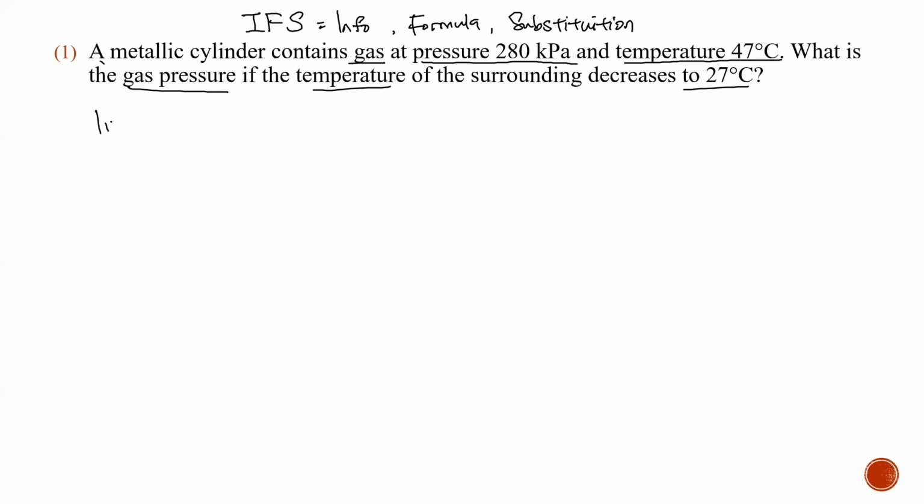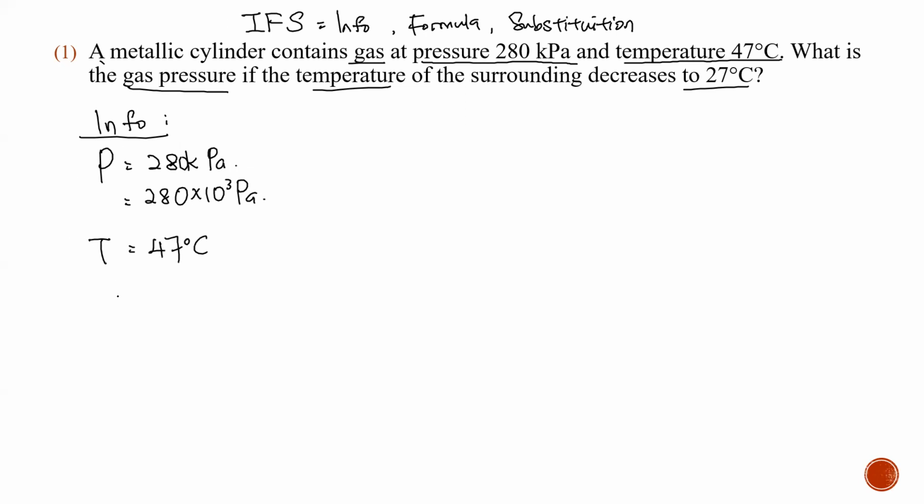All right, so now write the info first. We got gas pressure 280 kilopascal. I encourage you to change your kilo into index form, times 10 to the power of 3 Pascal, at temperature 47 degrees Celsius. What is the gas pressure if the temperature of the surrounding decreases to 27 degrees Celsius?